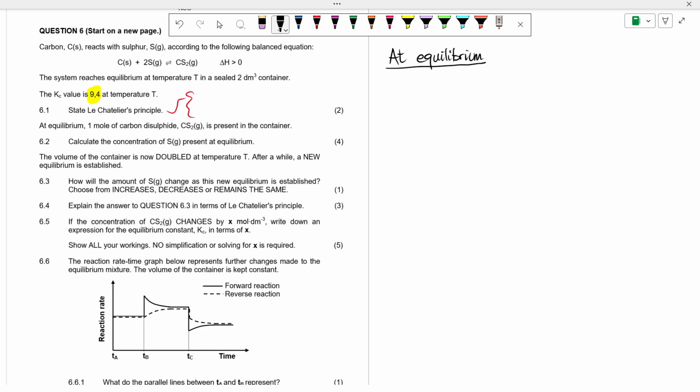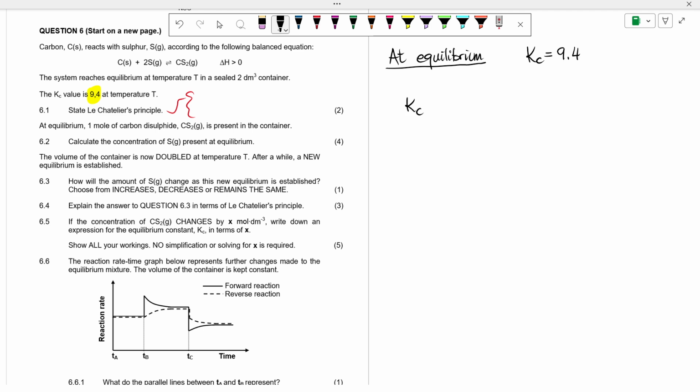But then also, we don't include the solid and the liquid. So we're going to say CS2 divided by S squared. So we don't even have to draw the table because we are dealing with stuff at equilibrium and we have the Kc.